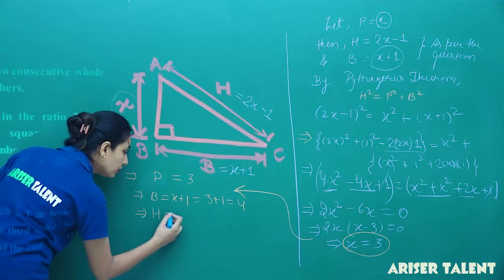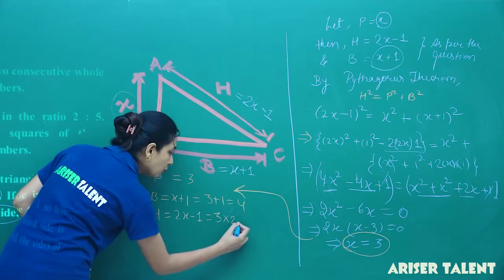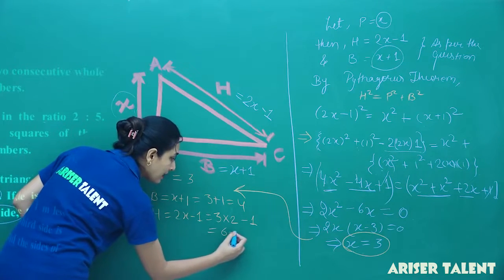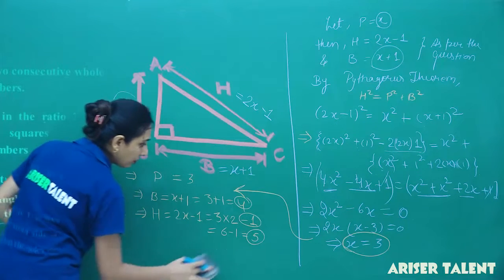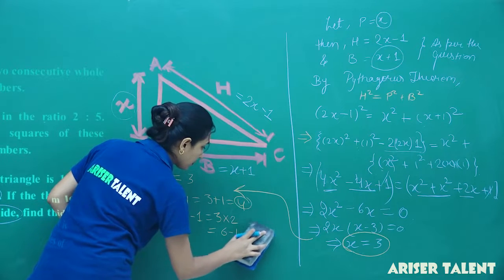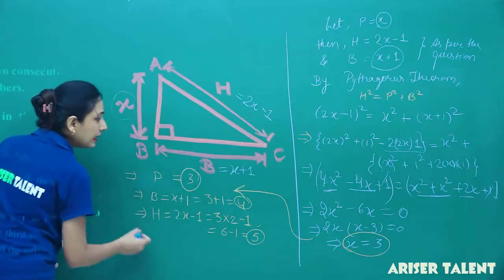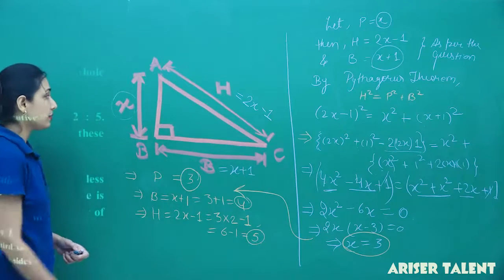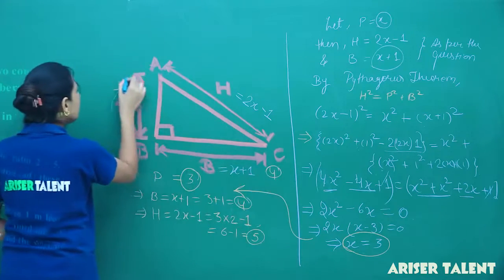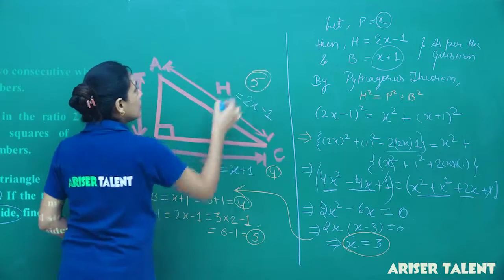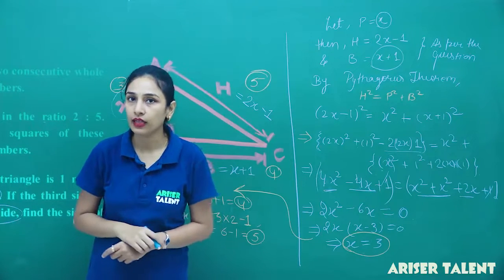Now the hypotenuse was 2x minus 1, that will be 3 multiplied by 2 minus 1, that is 6 minus 1 equals 5. Yes, these three will be our sides. So this will be 3, this will be 4 and this will be 5. So we have this right angle triangle with sides of length 3, 4 and 5.